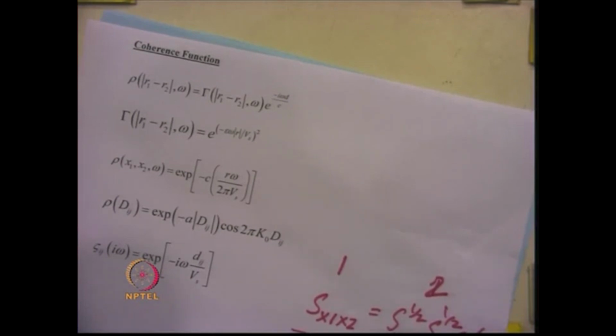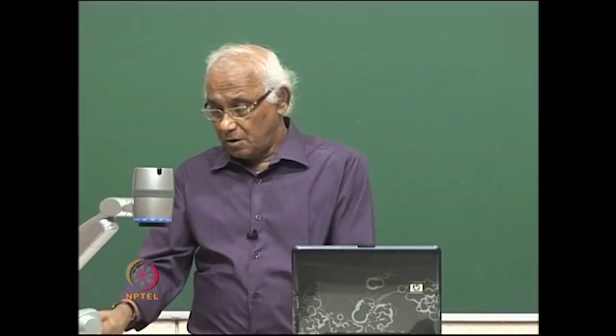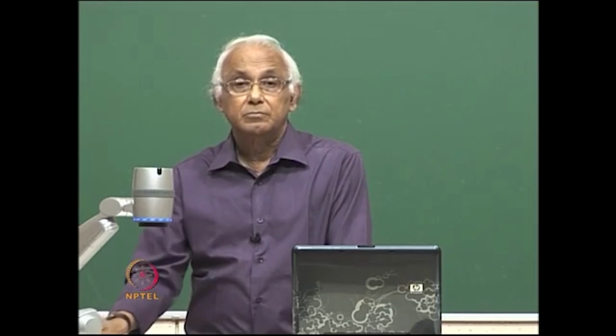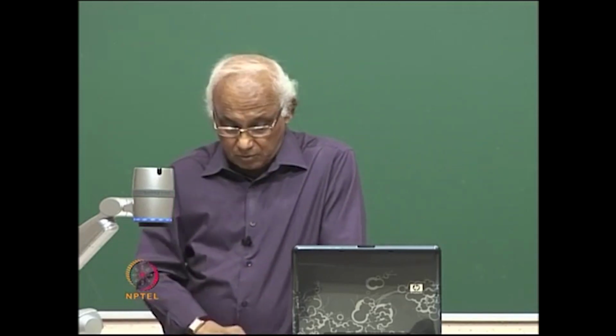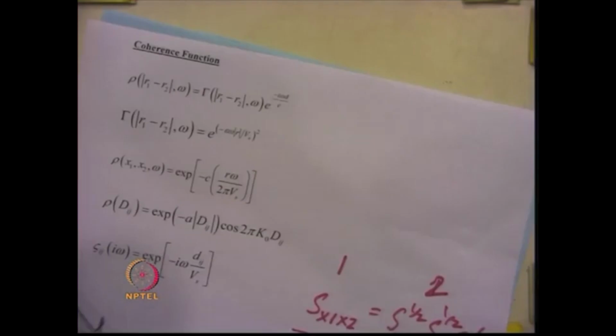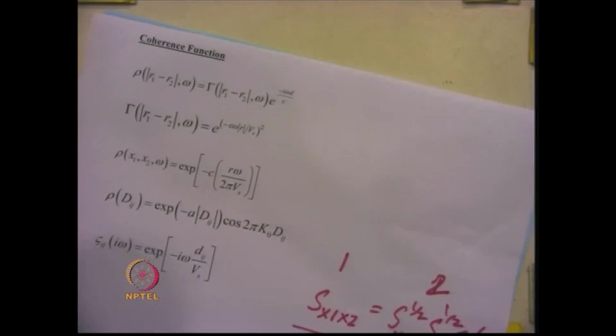So, if the power spectral density function of the ground motion in terms of acceleration or displacement is given, then one can find out the cross power spectral density function provided one knows the coherence function. So, different forms of the coherence function are given in the literature.